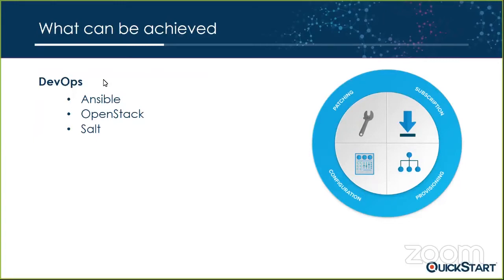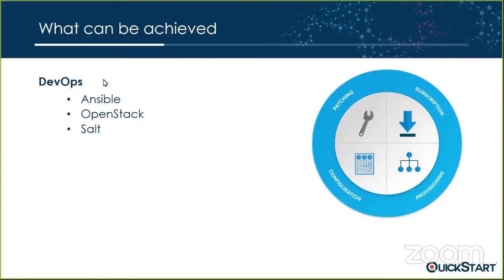If you have the existing knowledge of Python, you would be able to change the workflows within this Ansible. OpenStack is another set of software tools for building and managing cloud computing platforms for public and private clouds. And once again, Python can be used within OpenStack to make changes within this software.